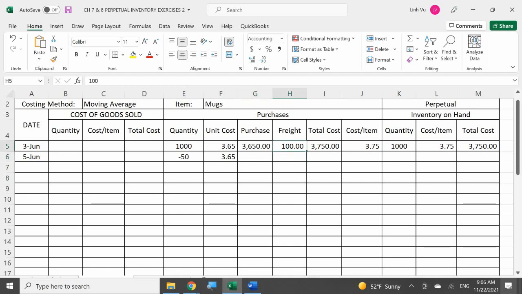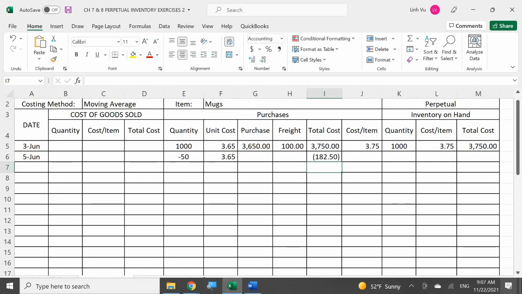Shipping is what you had to pay extra to get those items to your store. So what is my total cost that I am refunding for? The 182.50, I believe.